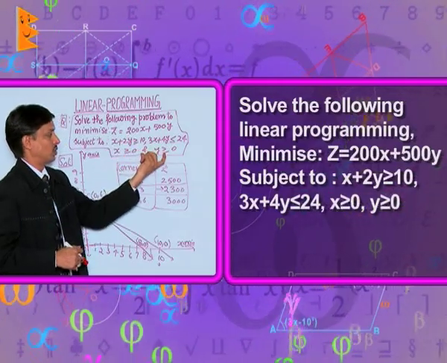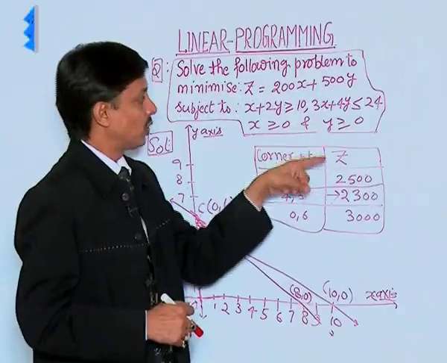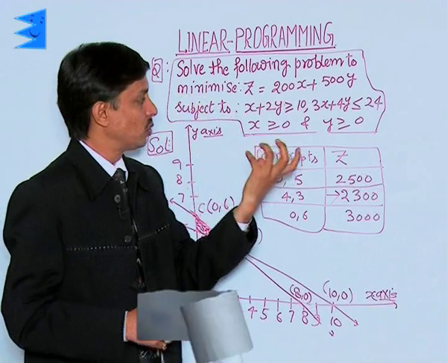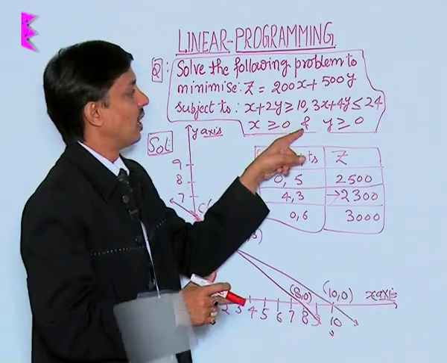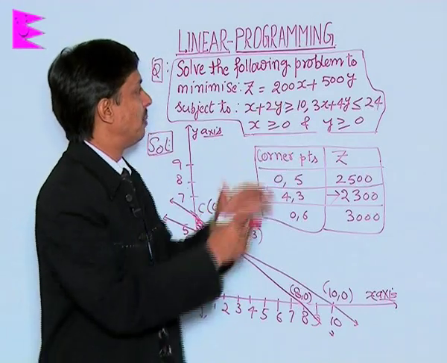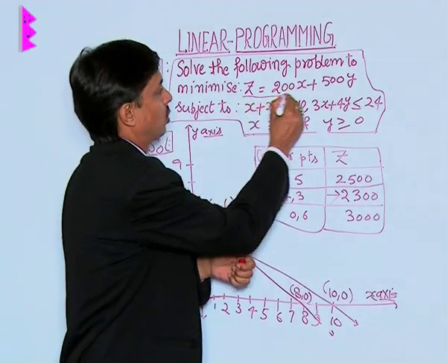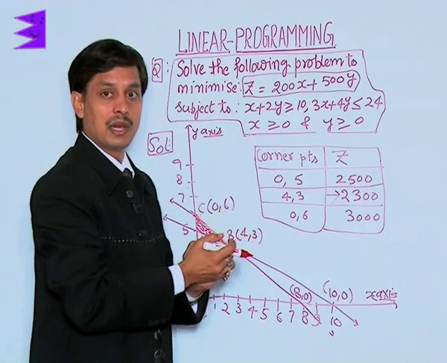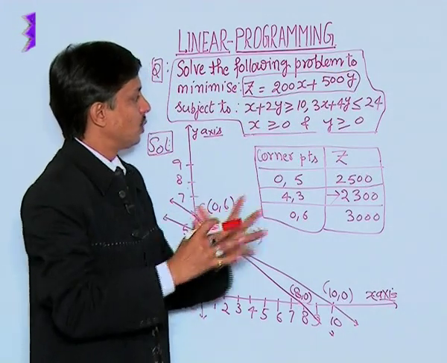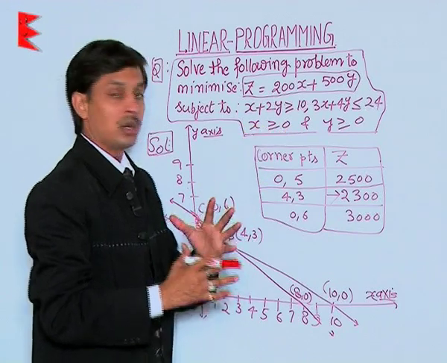These are the four situations which will give some conclusion by drawing the graph, and with the help of those points we will minimize z is equal to 200x plus 500y. This needs to be minimized. As usual, we will take x is greater than or equal to 0.